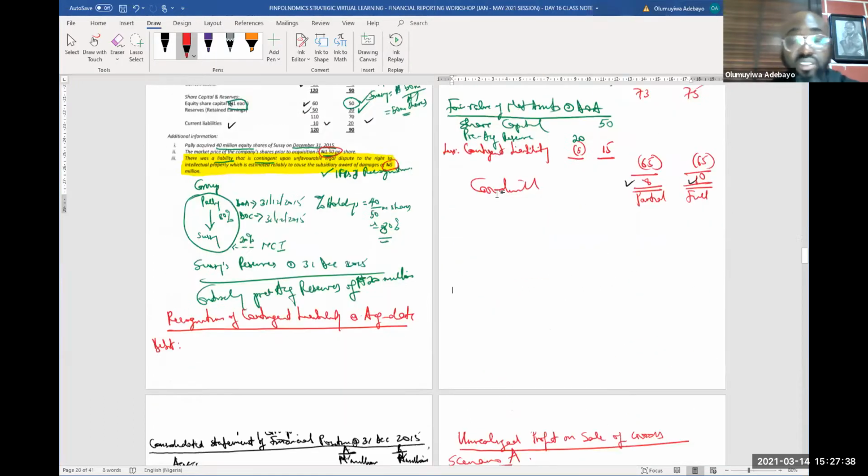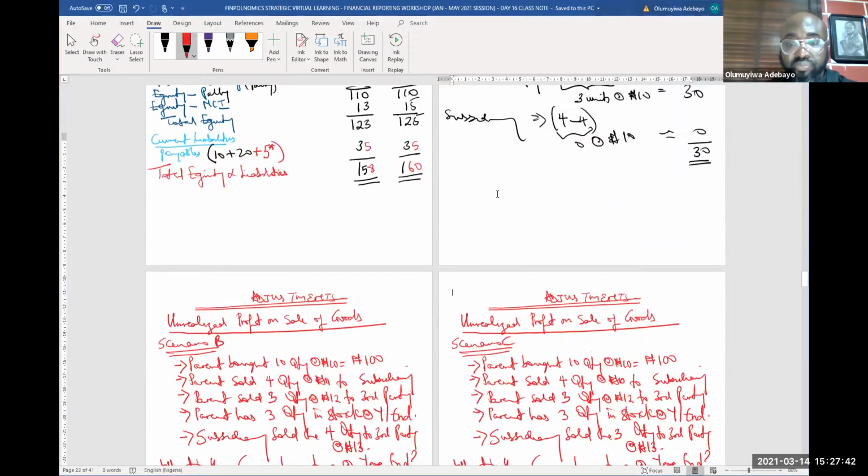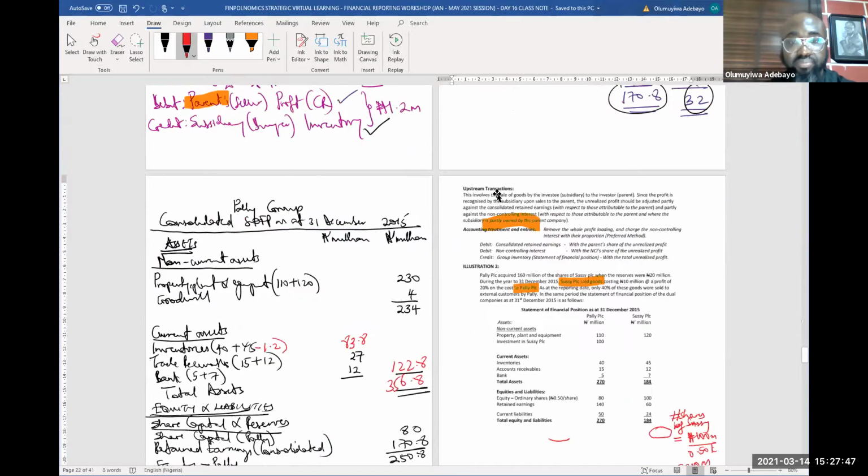The next transaction deals with unrealized profit on sale or transfer of assets.